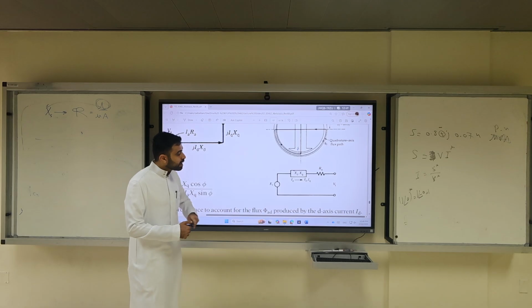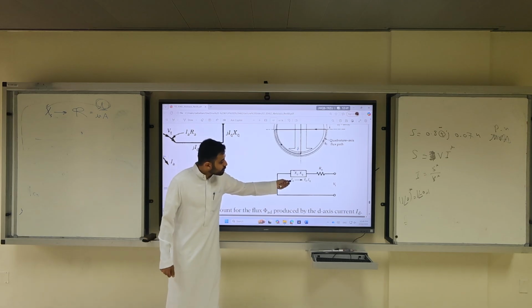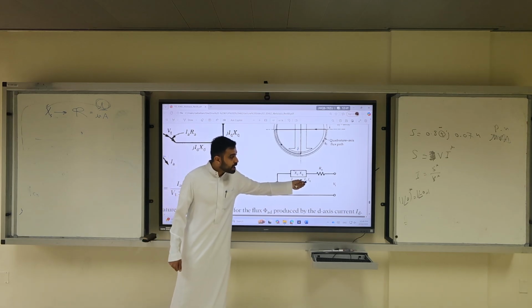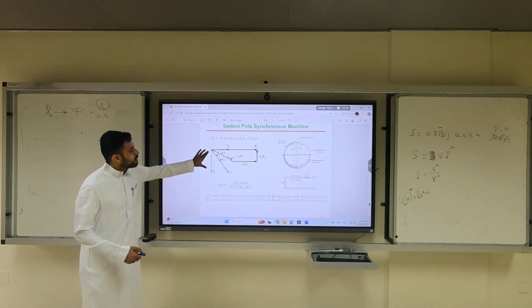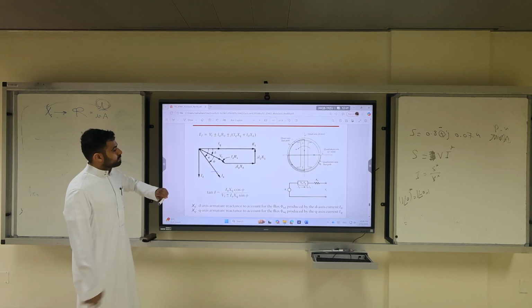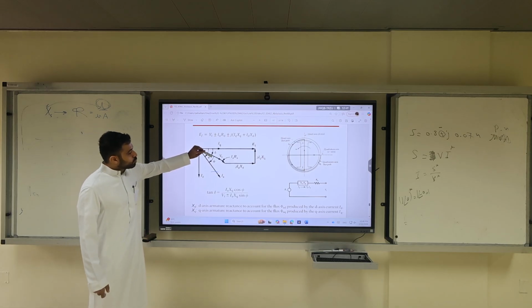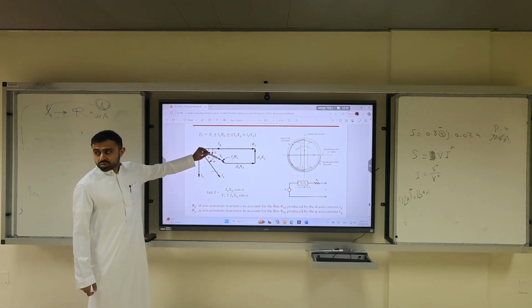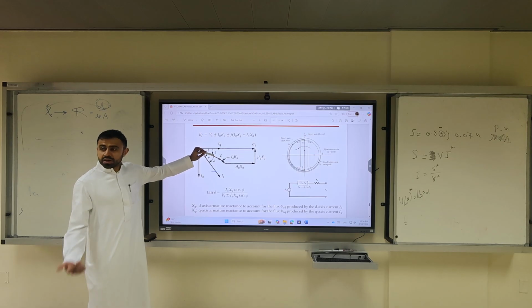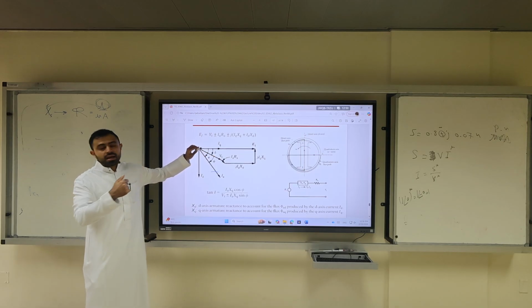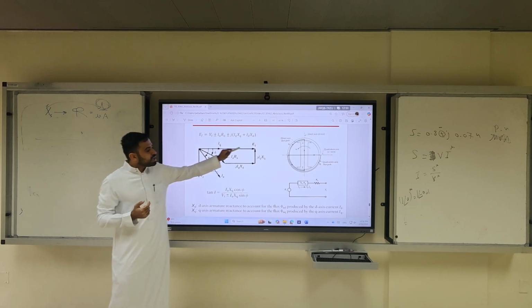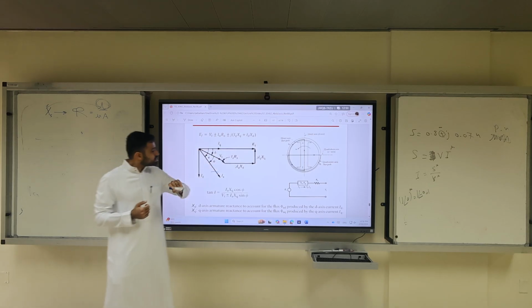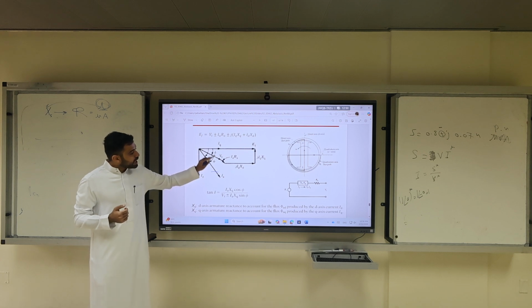How? I decompose I_A into D and Q. Look at the phasor diagram here. Here we usually have V_T at 0, right? Here I'm not making a mistake. To make the analysis easier, I'm making E_F the reference, with V_T at delta. So is this a motor or generator?